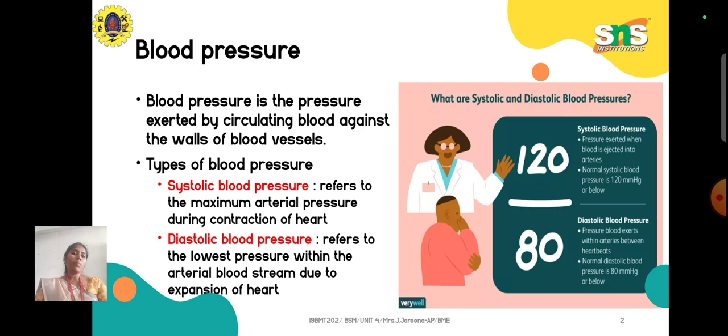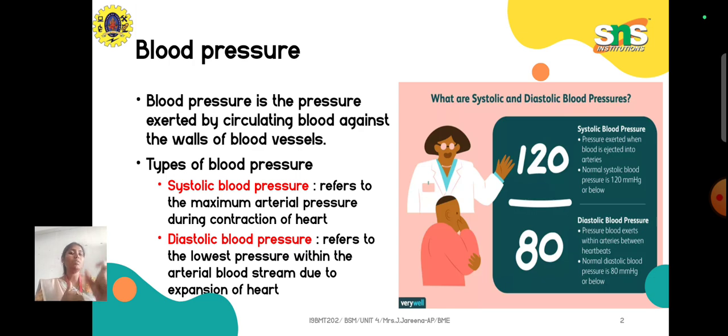When you are relaxing, the pressure automatically goes down, so you give the value 80. Systolic means the contraction, the maximum arterial pressure, so you give the higher value. Most of the time people get confused about which one is systolic and which one is diastolic, so I have given this small trick to remember.